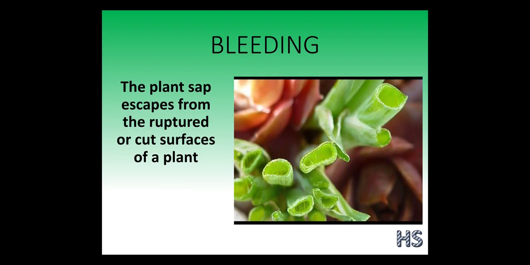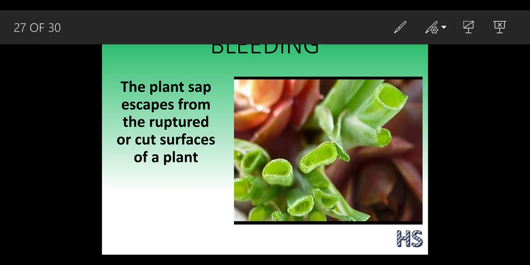Now the bleeding condition. Exactly as the meaning of bleeding: when a person gets cut, a red colored liquid, which means blood, is expelled from the body. In a plant, bleeding is the same, but this happens when a plant gets injured.